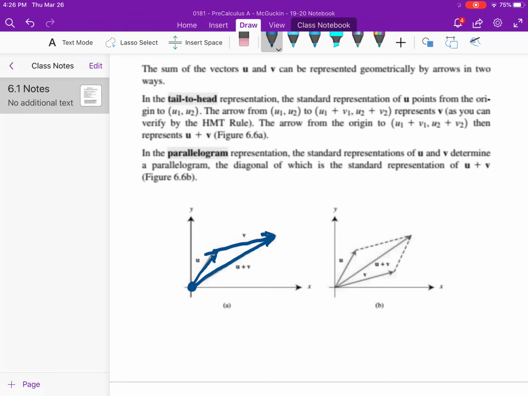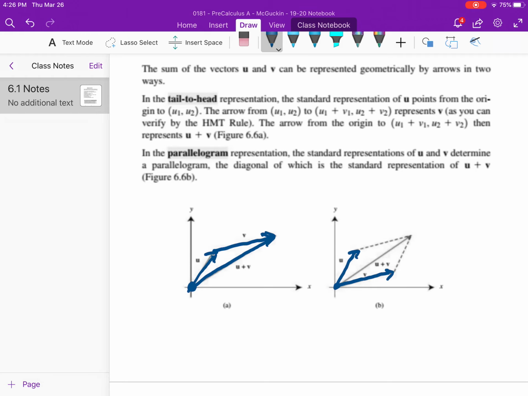That's one representation. The second representation we can look at with these 2 vectors is, what if they have the exact same starting point, the same initial point? Let's say they both start at the origin here. Well, obviously, I can't go tail to head like I did for that one.